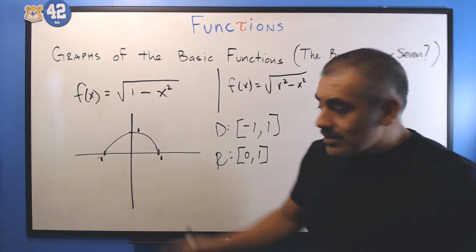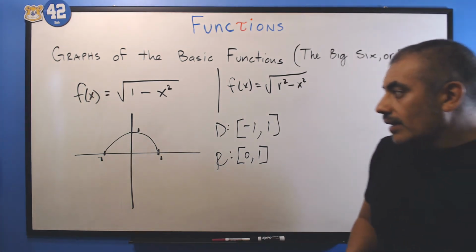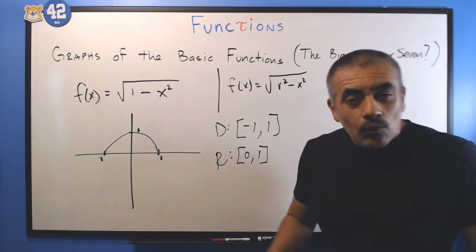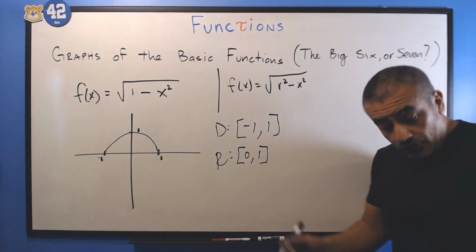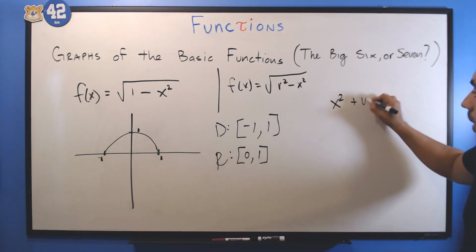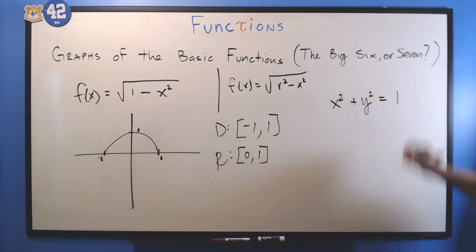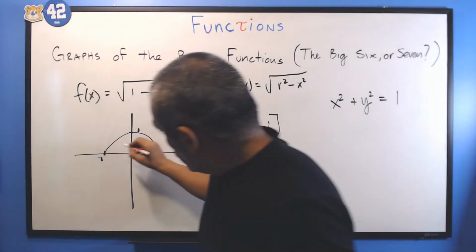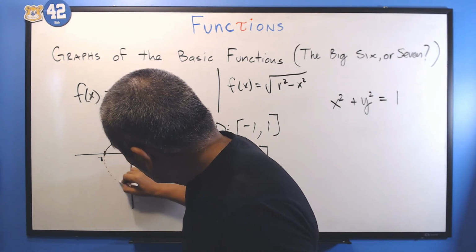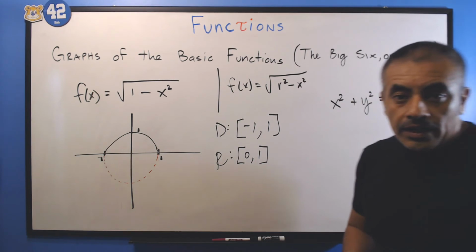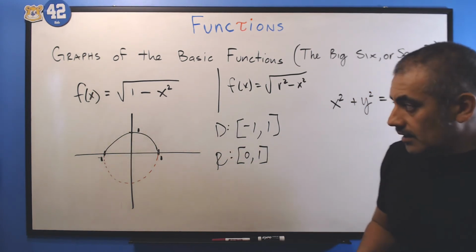Now you might be asking yourself, okay, why is this here? How do we come up with this? Well, the general form of the circle is x squared plus y squared equals 1. But if you graph a circle, you will end up with a whole circle, of course, which then does not satisfy the vertical line test.